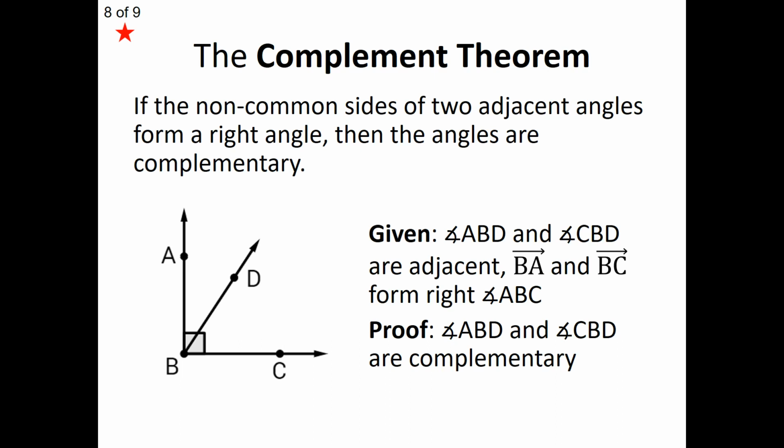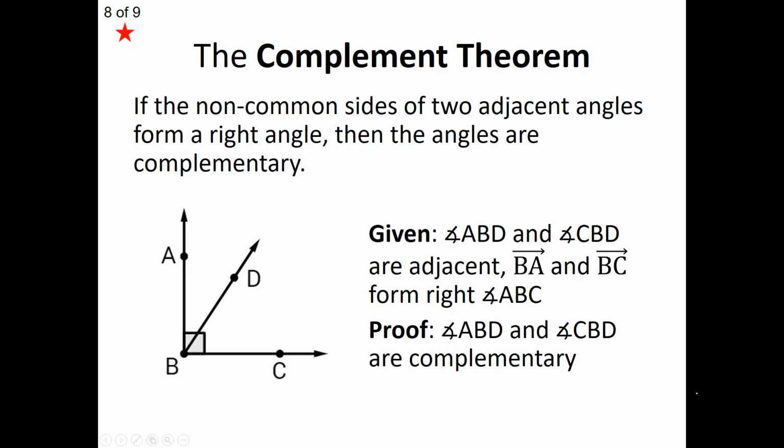And I went ahead and stated that ray BA and ray BC form the right angle ABC. What we're going to prove is that angle ABD and angle CBD are complementary. In other words, we're going to show that the sum of angle ABD plus angle DBC is equal to 90 degrees. I have again used the two-column format.